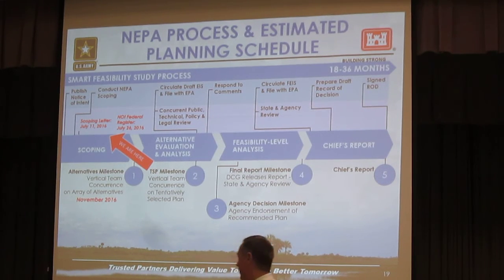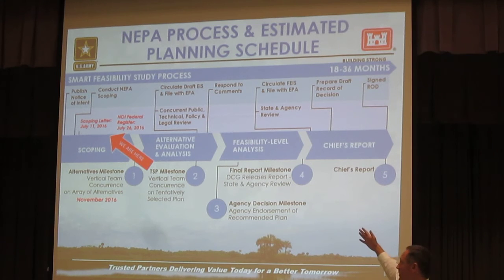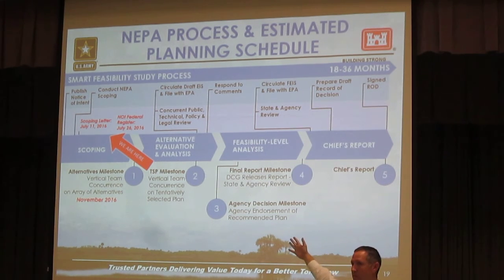And here's sort of an overarching schedule. This whole process, again, takes about 3 years. As you can see up here, we're starting in the scoping process. That's where we're at. There was a scoping letter that went out on July 11th, and we're having a scoping meeting tonight to hear comments from everyone who's in this room.